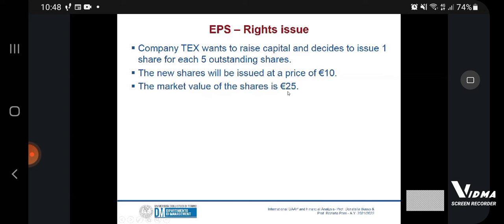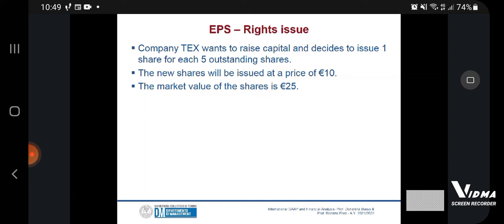The market price is 25 euro, and we are issuing these new shares at the price of 10 euro per unit, okay? So again, this is not a bonus issue. A bonus issue would have been an issue for free, at no consideration at all. But whenever we issue new shares at a lower than market price, that is a rights issue.